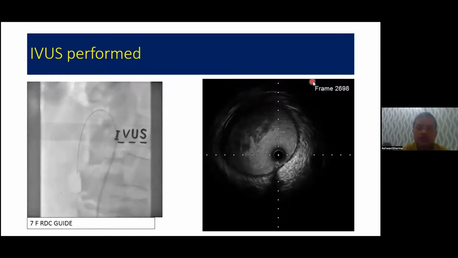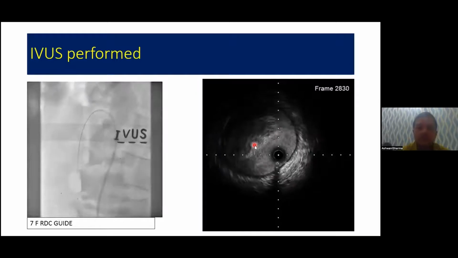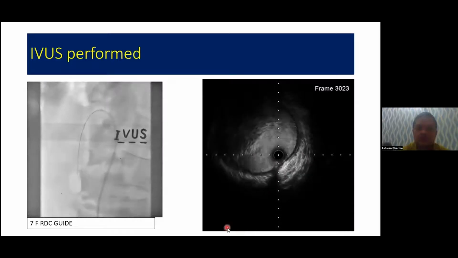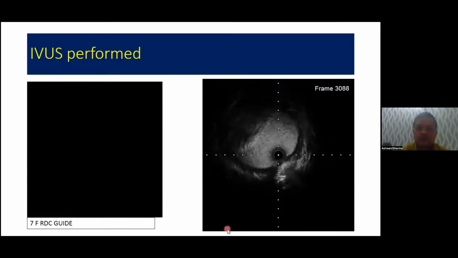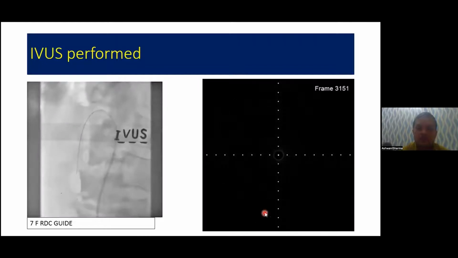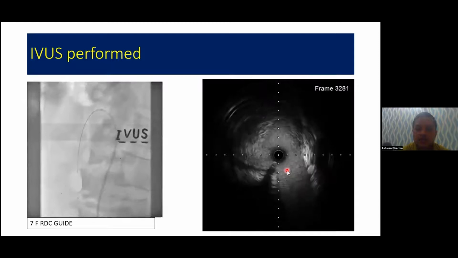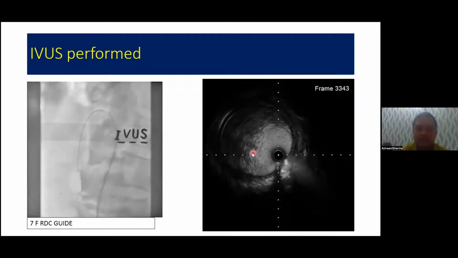Otherwise, the underlying vessel is normal. The cross-sectional area of the thrombus is increasing now. And this is a branch just at the distal edge of the lesion.